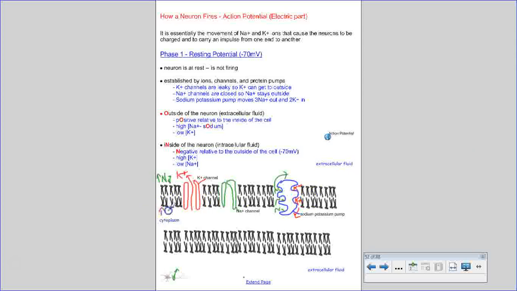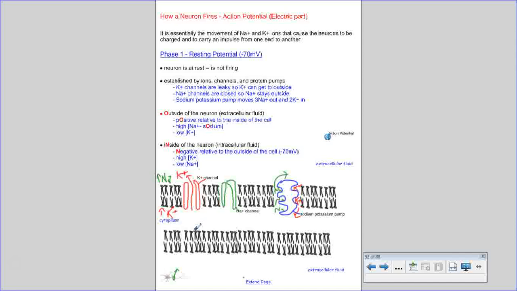Even though it can leak across, it keeps getting pumped back in. So a higher level of potassium would be on the inside. Now, there are other ions floating around too. So what they find is the net charge.